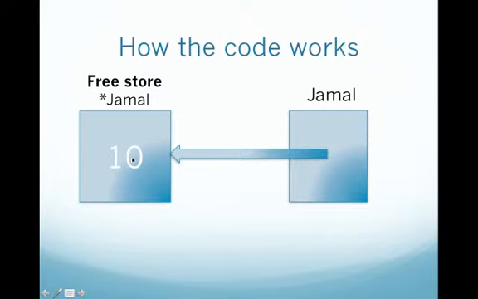Now when we assign the number 10, in order for us to assign 10 to the new integer, we have to use the pointer Jamal, which is pointing to the address. So essentially it's going to seem as though we're putting 10 into the variable Jamal, but instead we're putting it into the address that the pointer Jamal is pointing to.